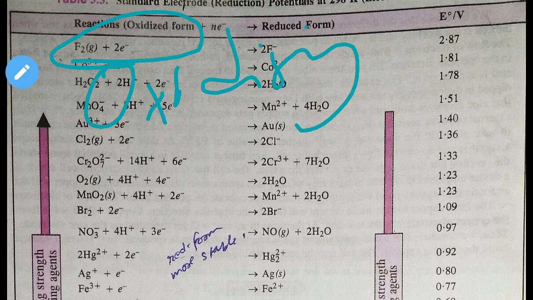From this logic also you can understand that fluorine is the strongest oxidizing agent, and hence it is kept at the top of the series, and the electrode potential value is highly positive.